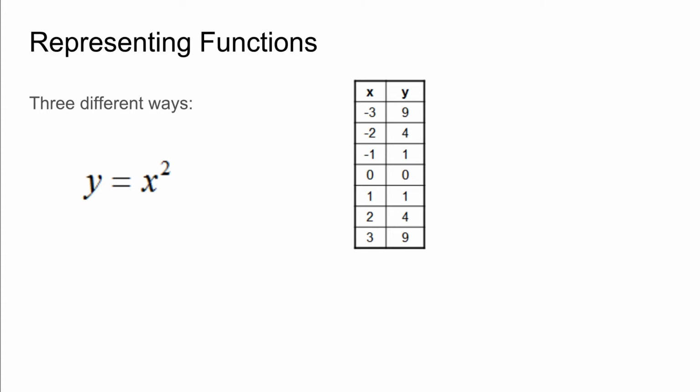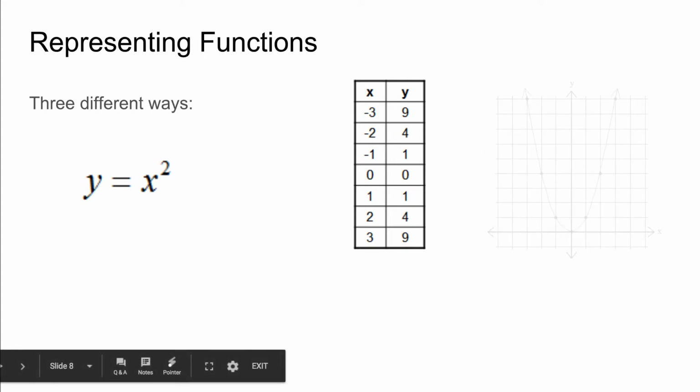So if I took a bunch of inputs, this here on the left is the domain, the inputs, the x values, and I put them each into the function, I would get y values, or a range. -3 squared, 9. -2 squared, 4. -1 squared, 1. Remember, by the way, that a negative times a negative equals a positive. So I get all these points.